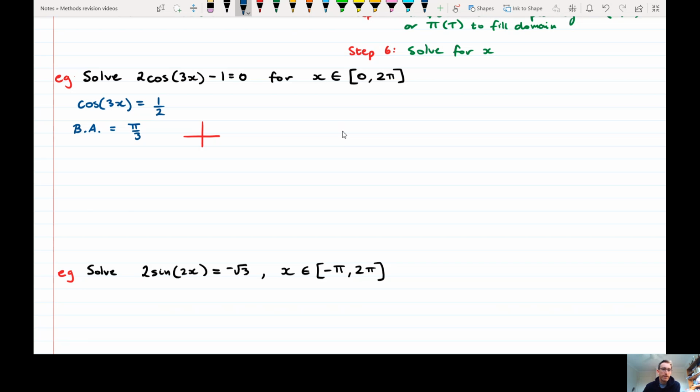Notice I have cosine of 3x equals positive 1/2. We have to remember where cosine is positive. Now, cosine is positive in quadrant 1 and quadrant 4. And the size of the angle measured here from each axis is pi on 3 in size.